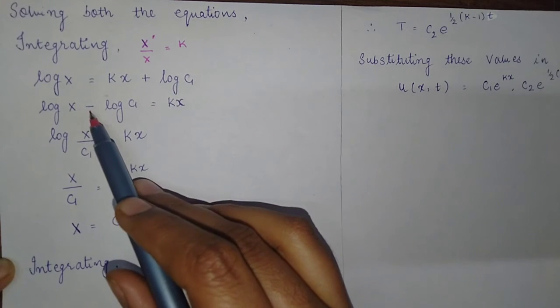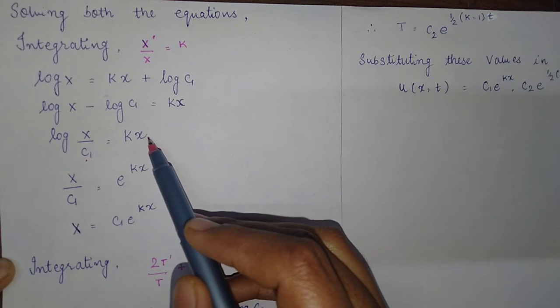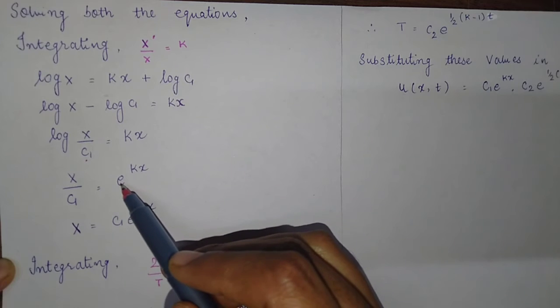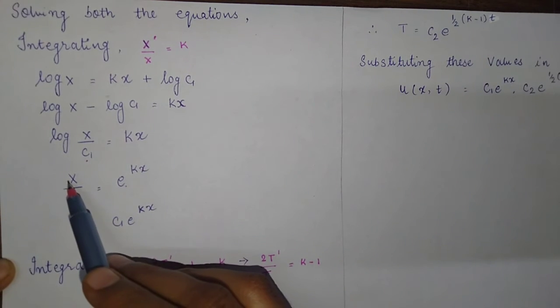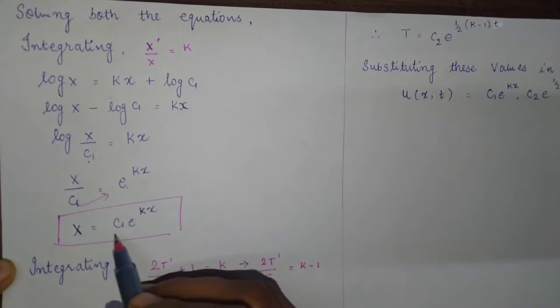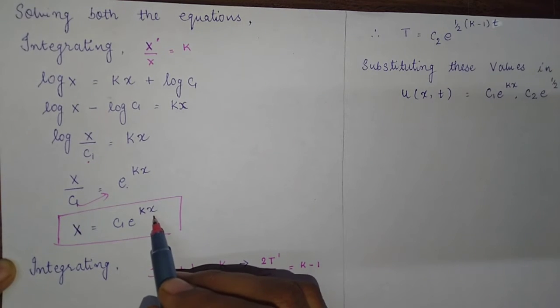But minus is there, so we can write log x by c1 equal to kx. If I want to remove this log, then it will be exponential raised to kx. Finally we want capital X, so capital X will be c1 into e raised to kx.